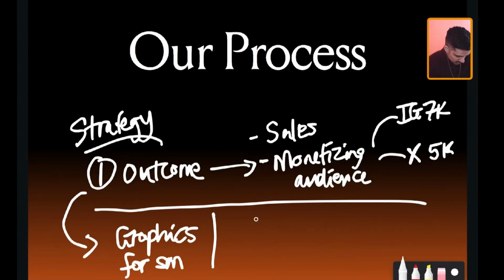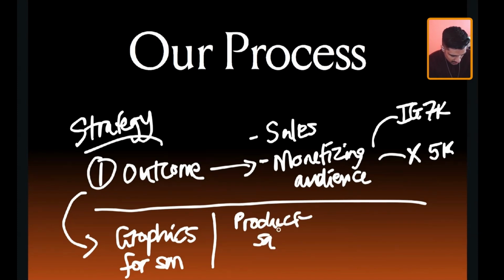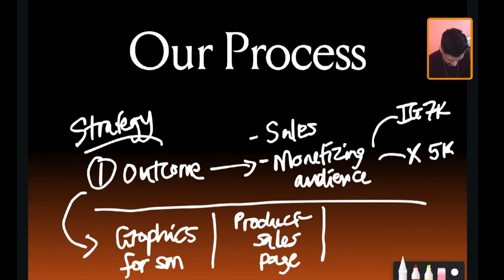We were also, of course, going to have a sales funnel. So the page that you saw at the beginning of this video, a product sales page. And then, of course, some kind of conversion sequence for people who come to the website but perhaps don't buy, or even those who do buy.